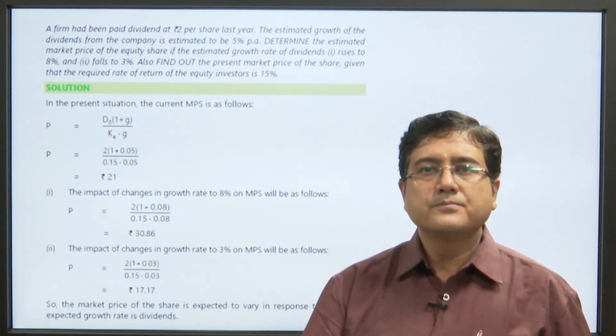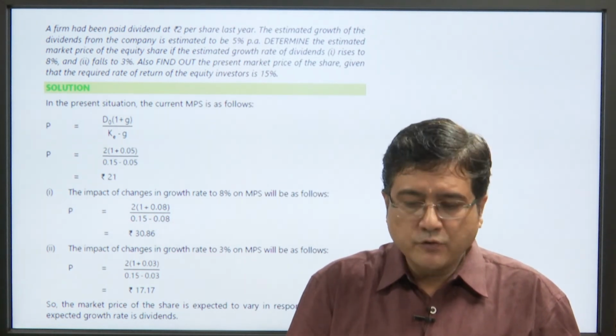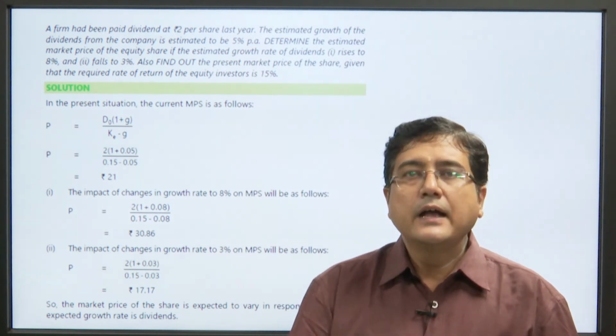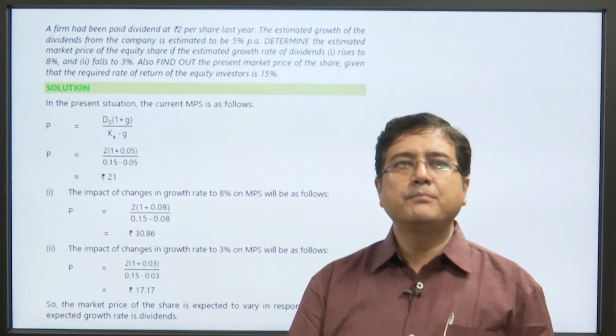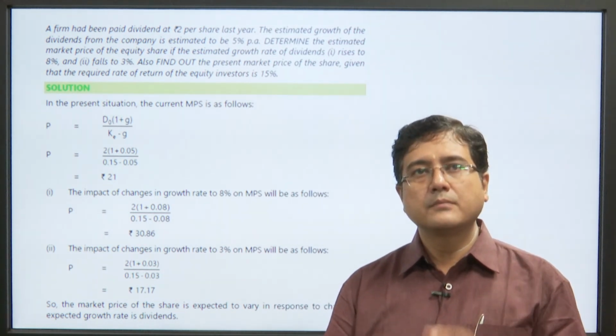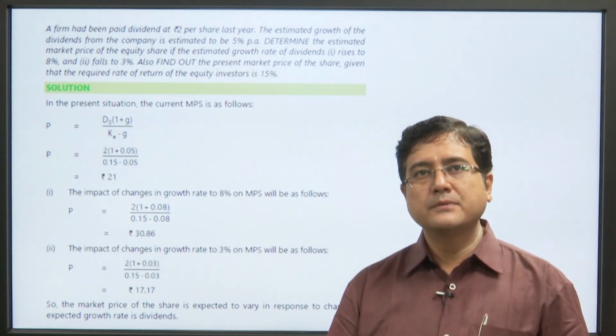Let us do a question. A firm paid a dividend of rupees 2 per share last year. The estimated growth of the dividend is expected to be 5% per annum.